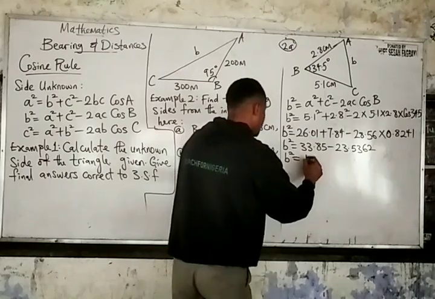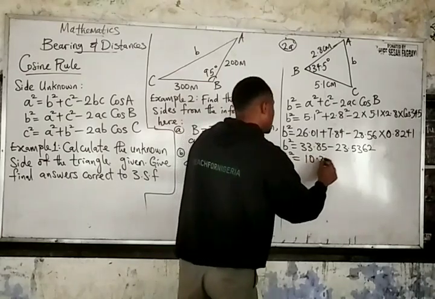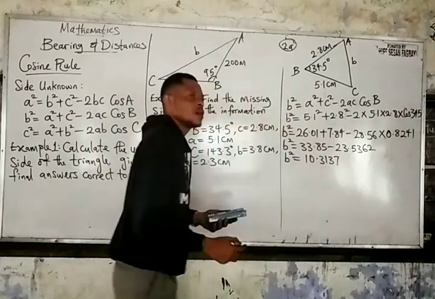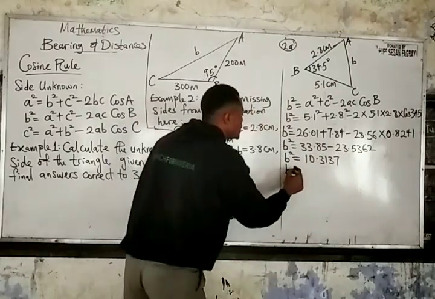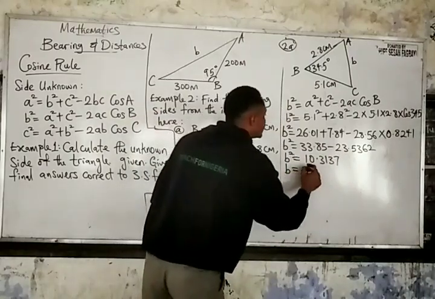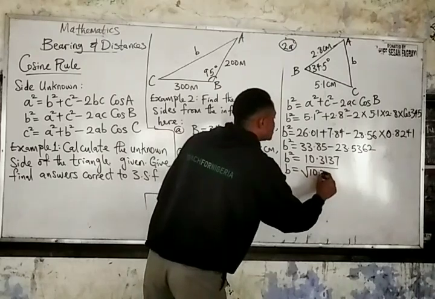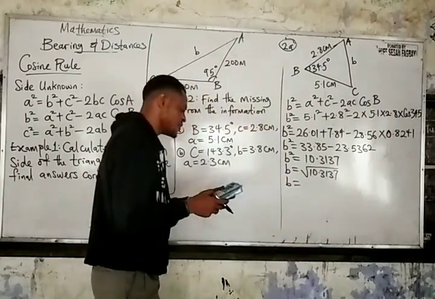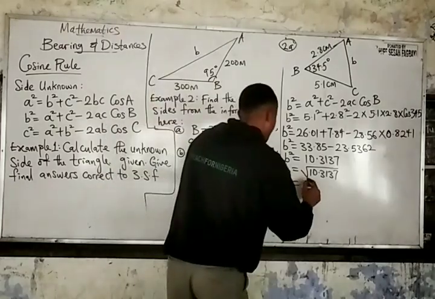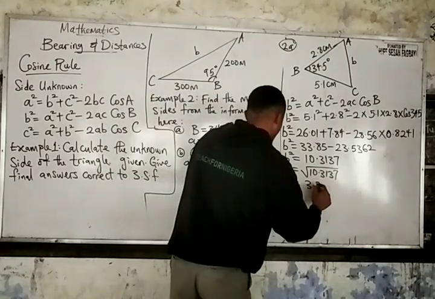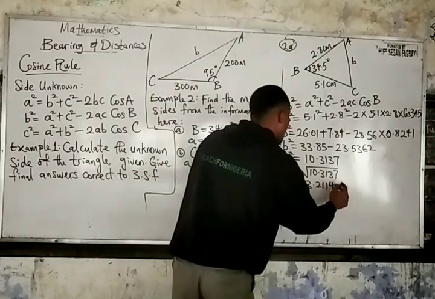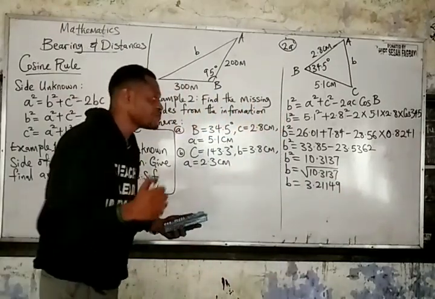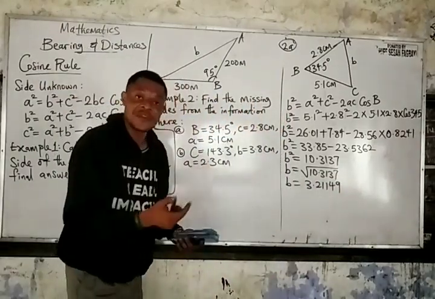This will give us 10.3137. We want to find the b, so the b is going to be the square root of both sides. The square root of 10.3137 gives our answer to be 3.211419. And the intention is to leave the answer in 3 significant figures.